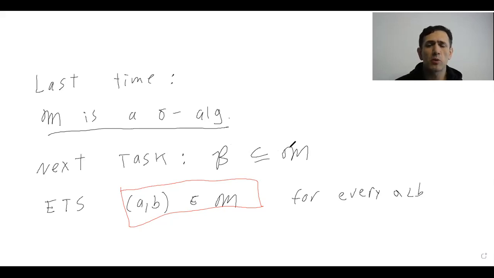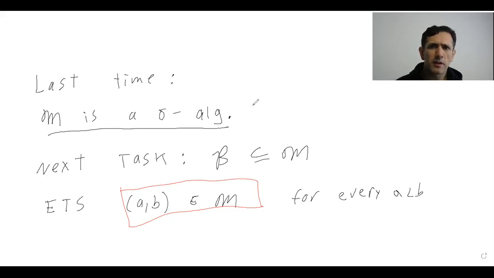So script M will be a sigma algebra containing all open sets. Remember, the homework is that the sigma algebra generated by open intervals A to B is the sigma algebra generated by open sets.